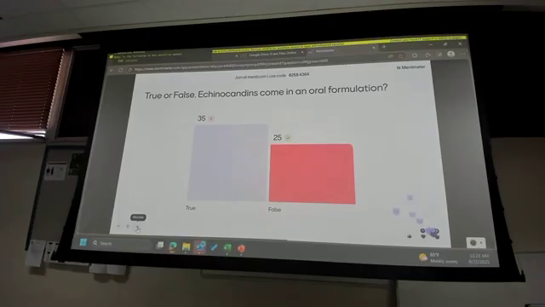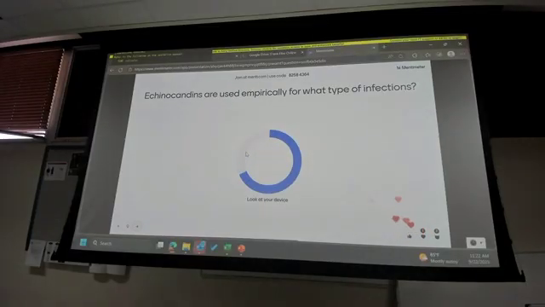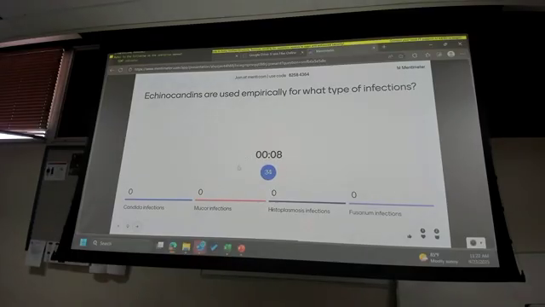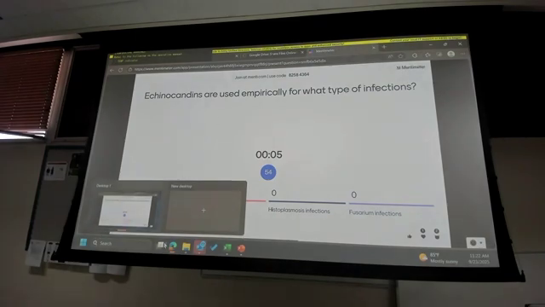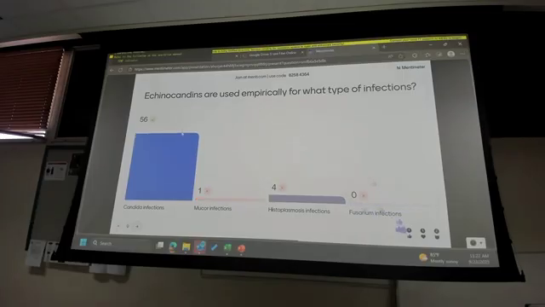They are IV formulation only, with once daily dosing, besides rezafungin, which is once weekly. And then histo is an endemic fungus, and again, echinocandins would target that.